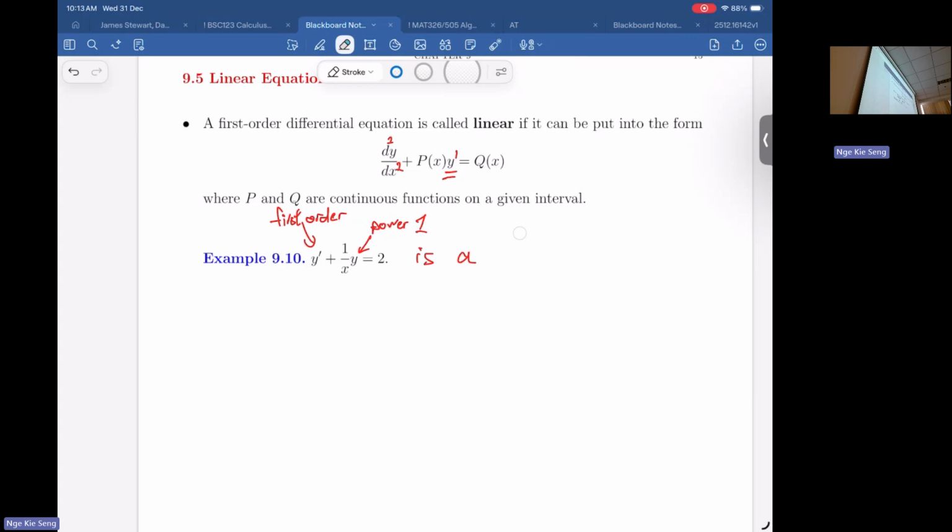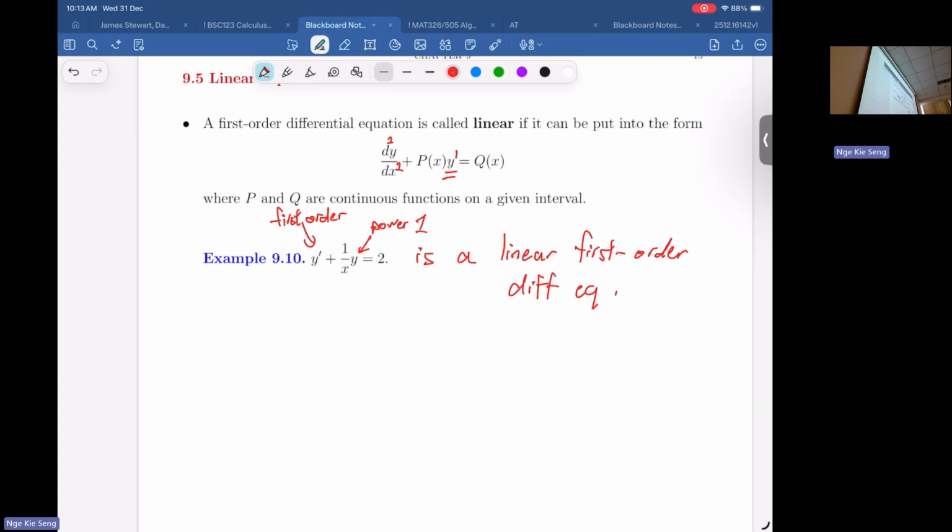I should have called it this way; maybe first order linear sounds better. Okay, so how do we solve this?